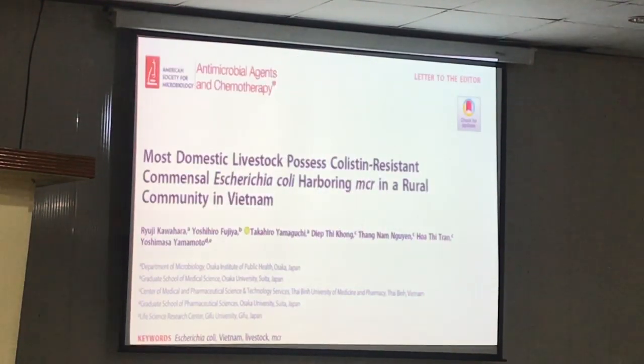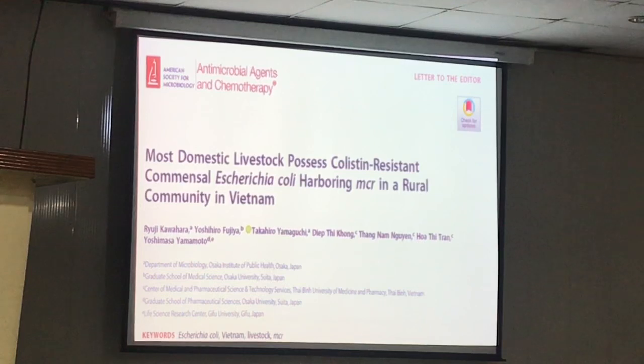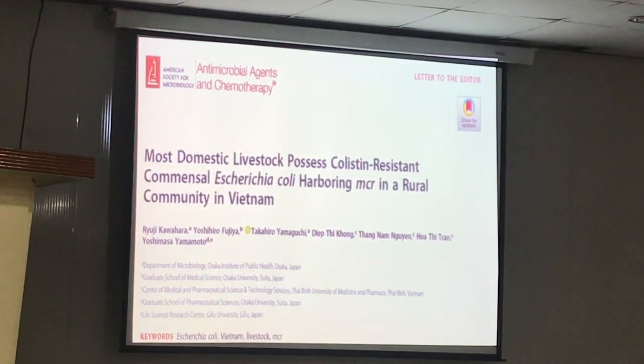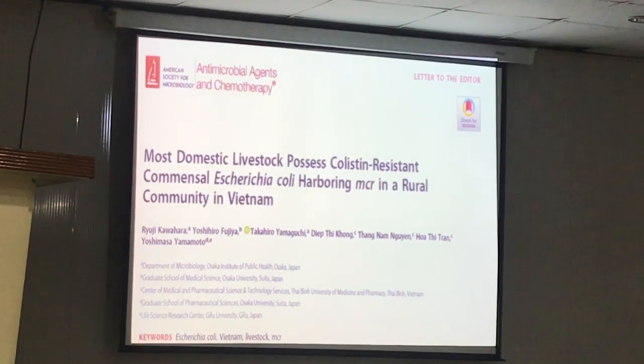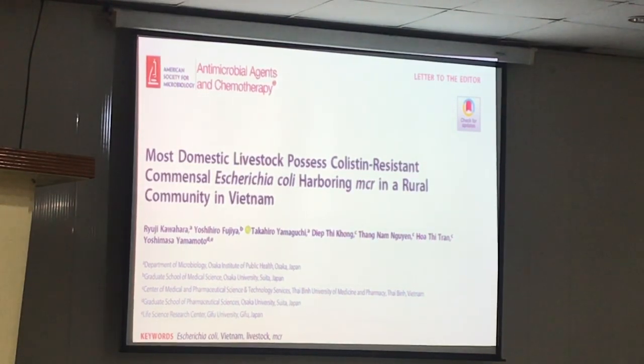Next slide please. Most domestic livestock carry colistin-resistant commensal E. coli harboring MCR in the rural community and field. This is something to be alarmed about in an era where colistin use in human health is very common. Next slide please.